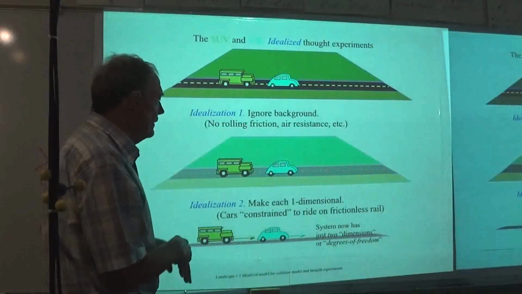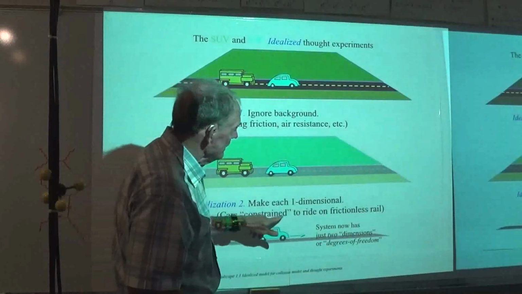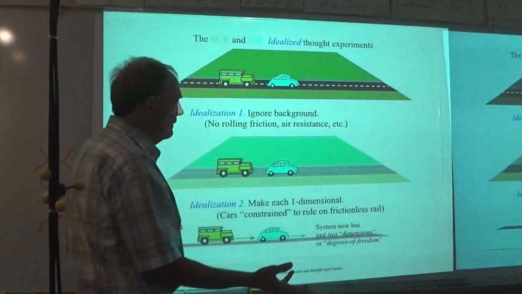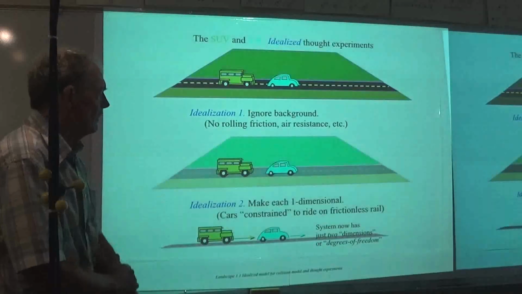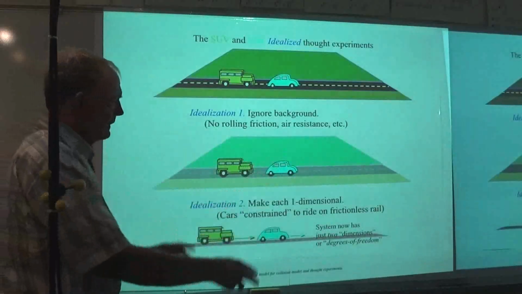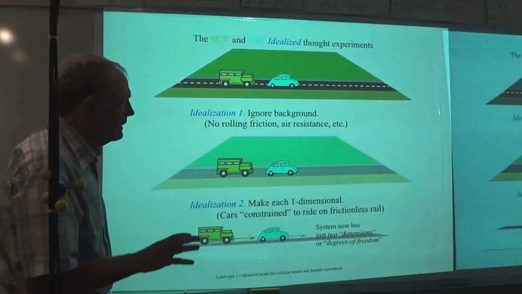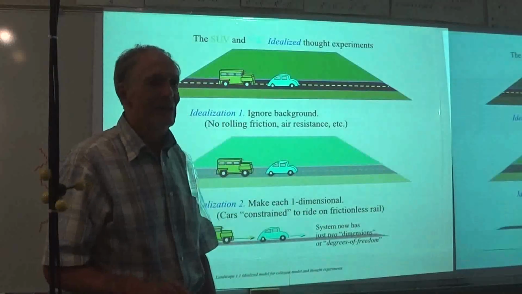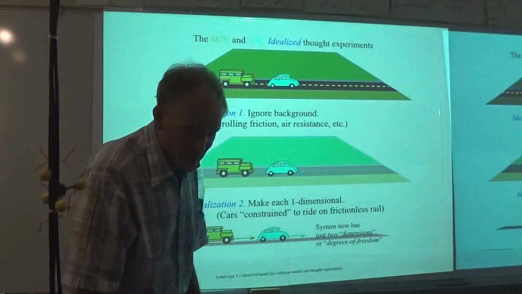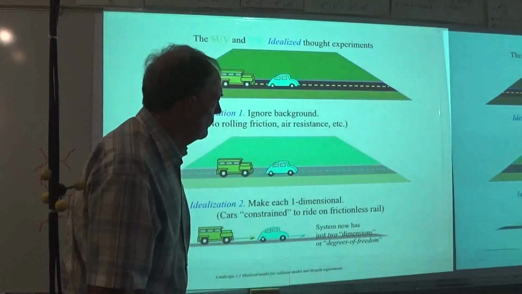But other than that, we're constraining these cars as though they were on an air track. And of course, that's the best demonstration of mechanics without friction that we have, unless you have a superconducting track, which is really the best. Liquid nitrogen is all you need, and some very fancy magnets to do that.